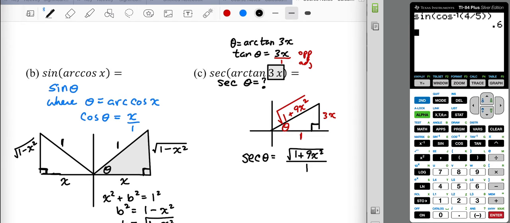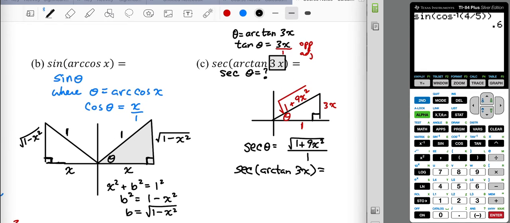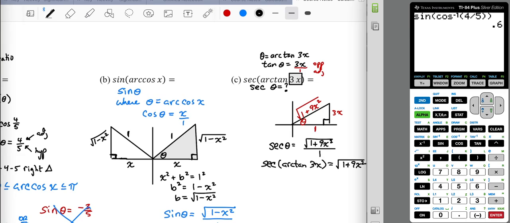And since theta is the arctangent of 3x, we would say secant of arctan of 3x is equal to that radical, the square root of 1 plus 9x squared. So again, I pose the question, which would you rather take the derivative or antiderivative of?